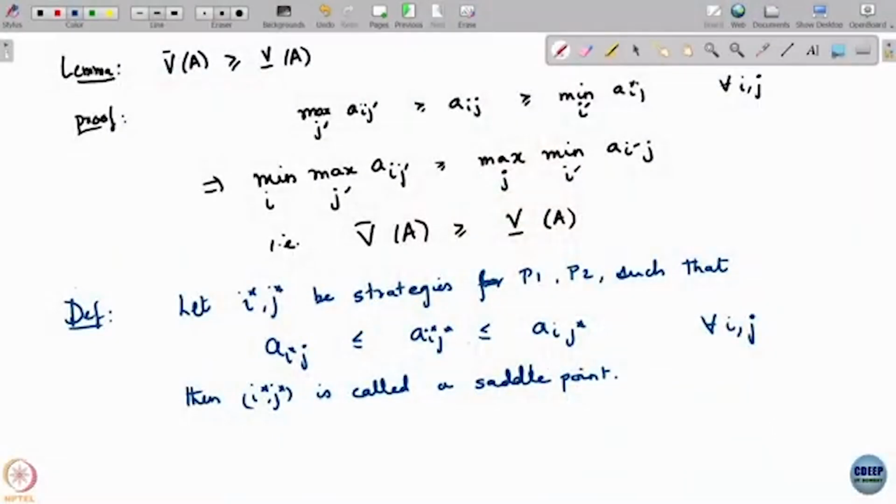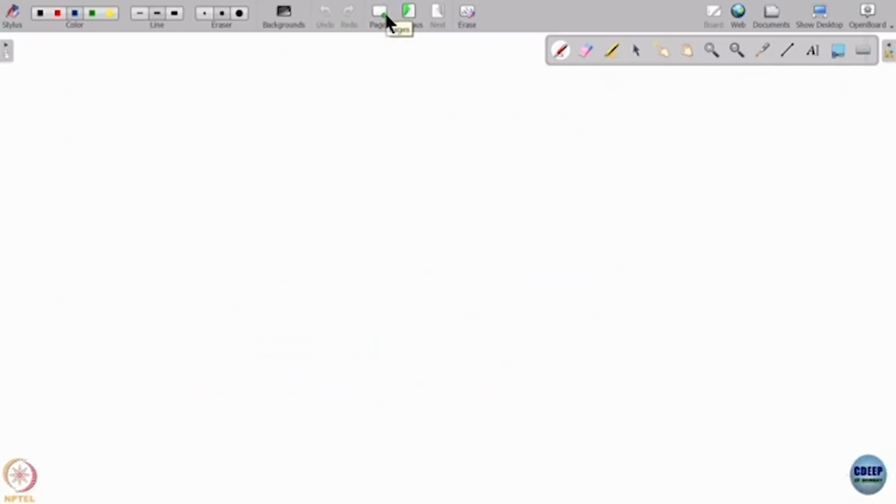Okay. So if you could find such a pair I star j star, called a saddle point, then this would actually end up solving our problem. Alright. So, let us actually prove that.